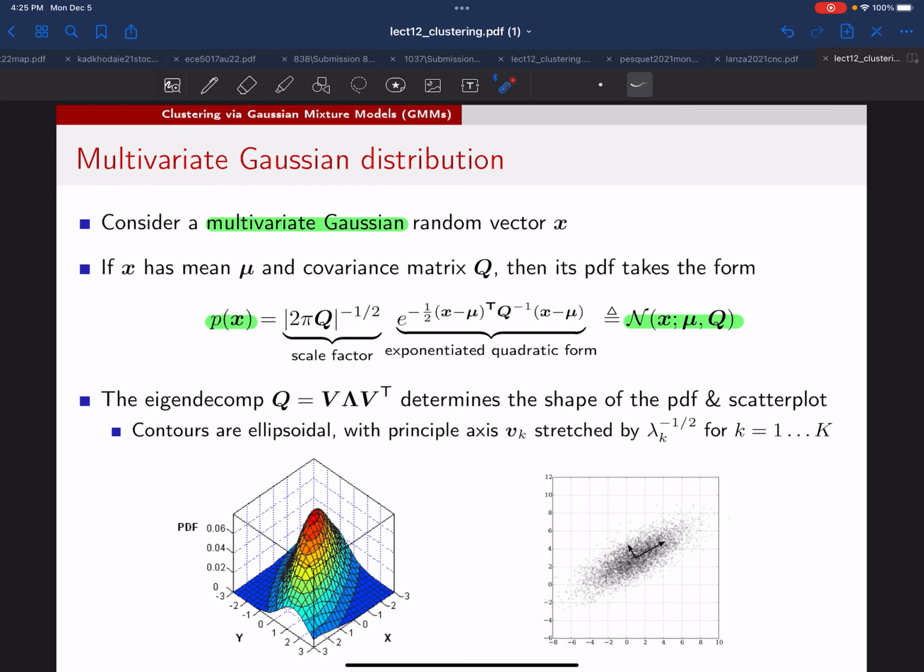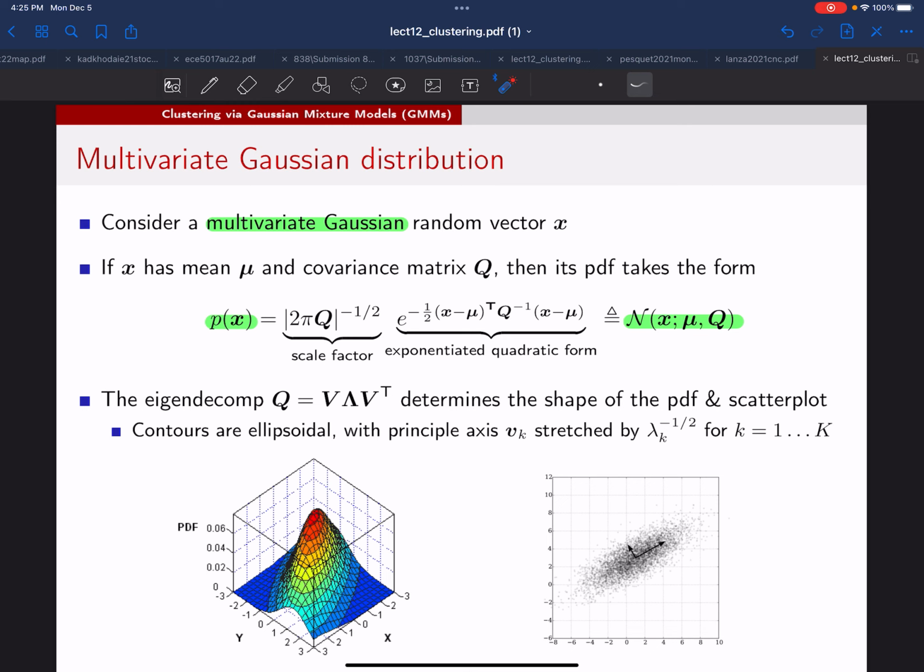And yes, it turns out that for a multivariate Gaussian, if you plot the PDF in 2 dimensions, we have these level sets, sometimes we call them contours, and these are ellipsoidal. So there are level sets that are ellipses like this.